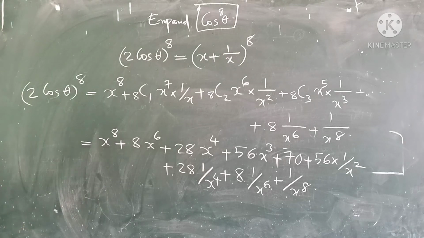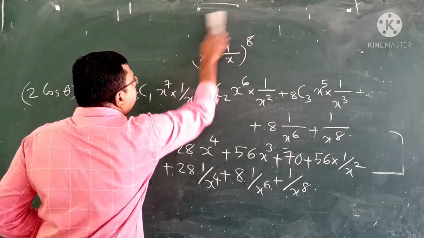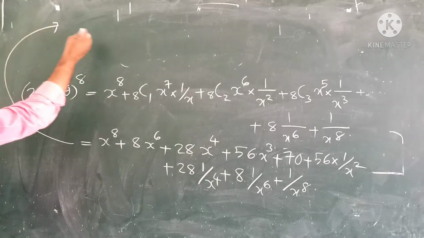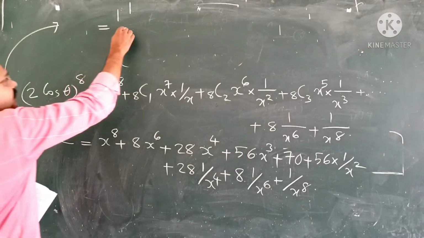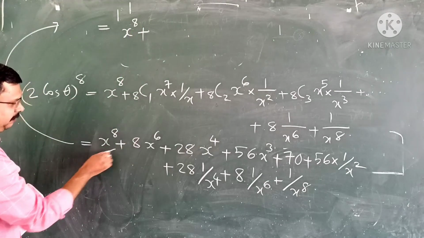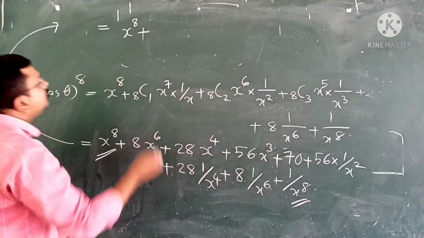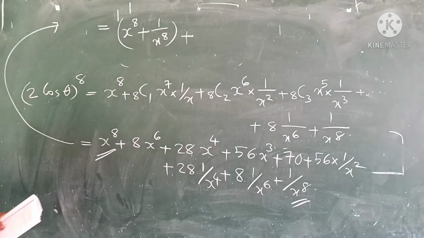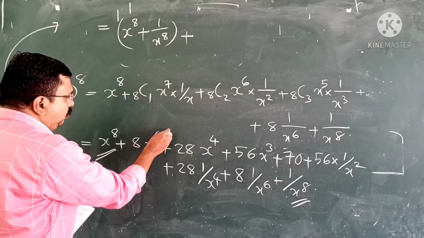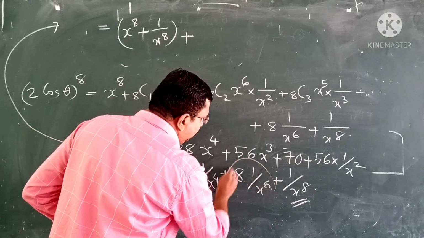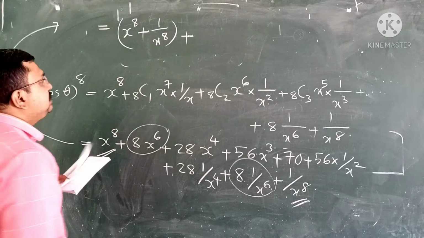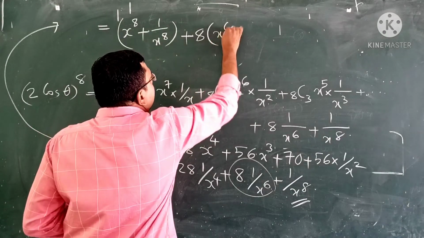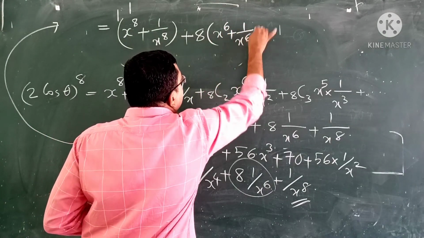Grouping them: x raised to 8 plus 1 by x raised to 8, plus 8 into x raised to 6, and here is also 8 into 1 by x raised to 6, so this can be written as 8 into (x raised to 6 plus 1 by x raised to 6).